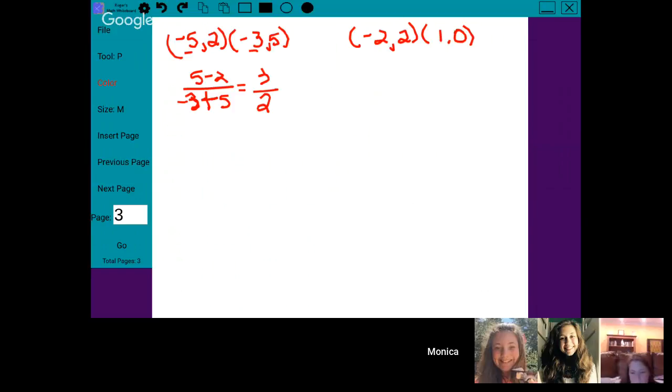Okay, so then when you work out line number 2, you're going to start with y2 minus y1, so 0 minus 2, over x2 minus x1, so 1 minus a minus 2. Again, minus minus is going to be plus. So that's going to equal -2 over 3. Now, when you look at those two fractions, they're not the same, okay?